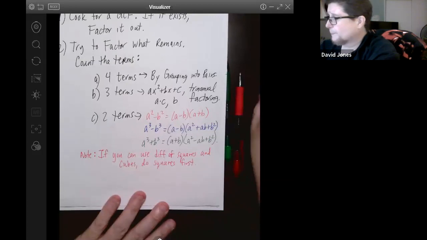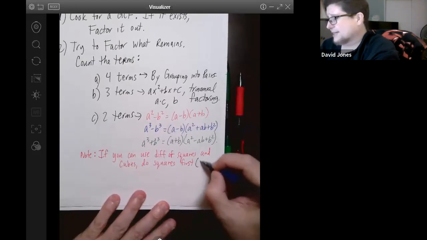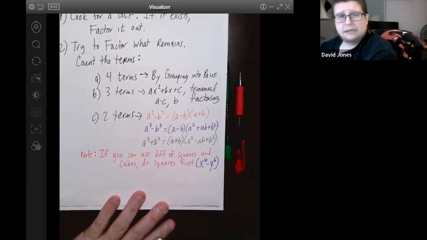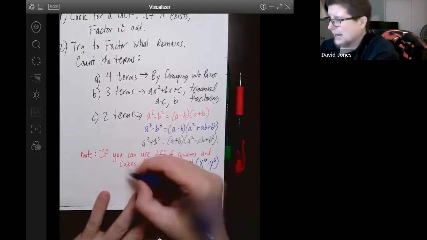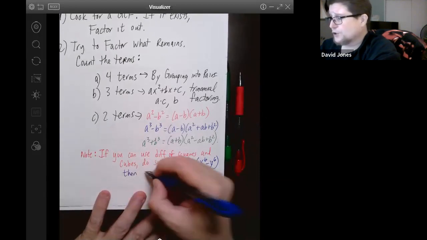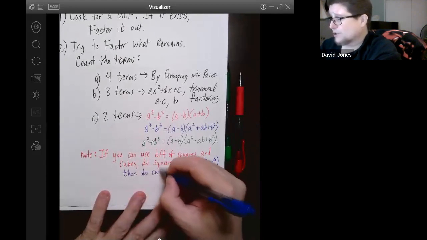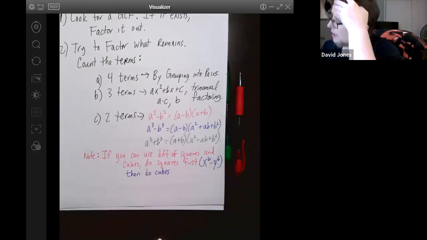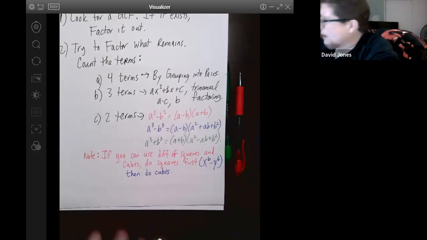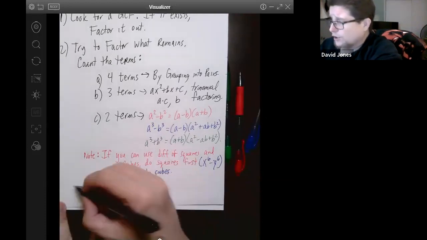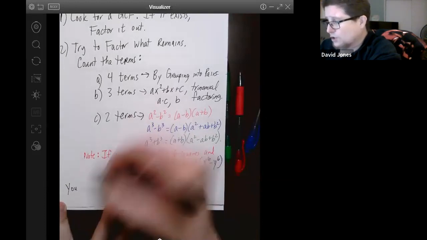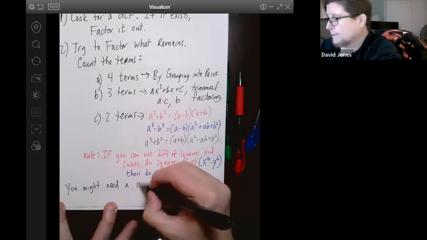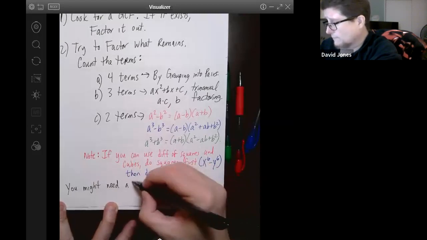For example, x to the 6th minus y to the 6th. Do squares first, then do cubes. You can factor it twice. And I do want to just call out one other thing. This applies to any of those, you might need substitution, might need a u sub.